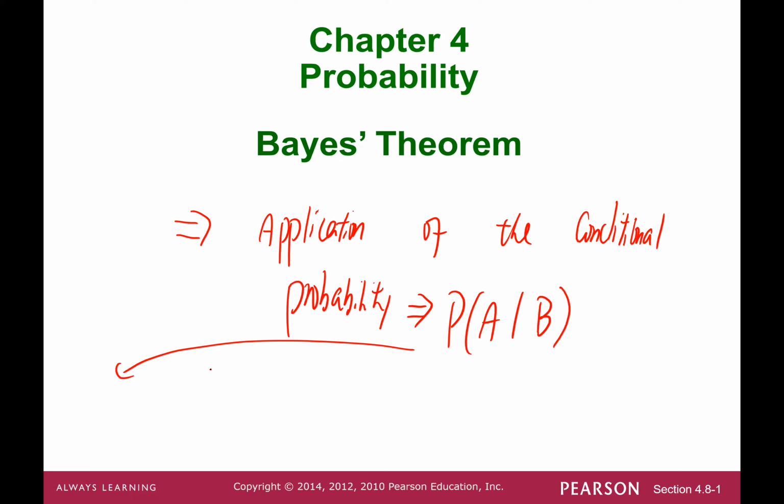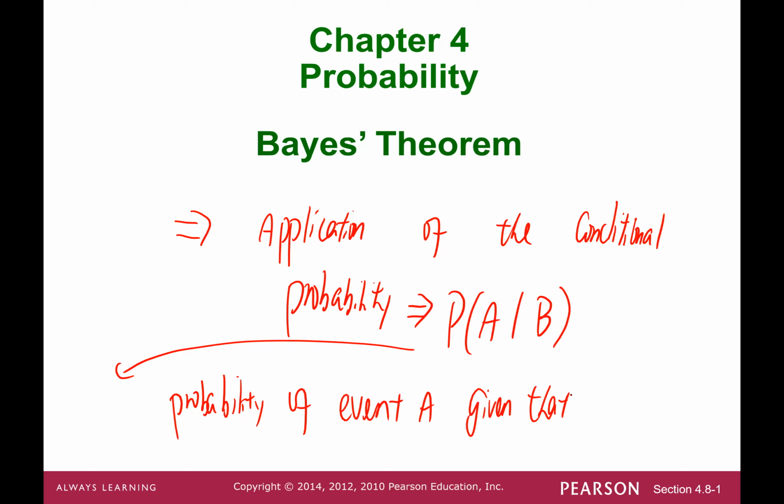So the interpretation of this is the probability of event A given that event B occurs, and it has an impact on event A. So this is the meaning of conditional probability, and Bayes theorem is just a very special type of conditional probability. And let's look at it.